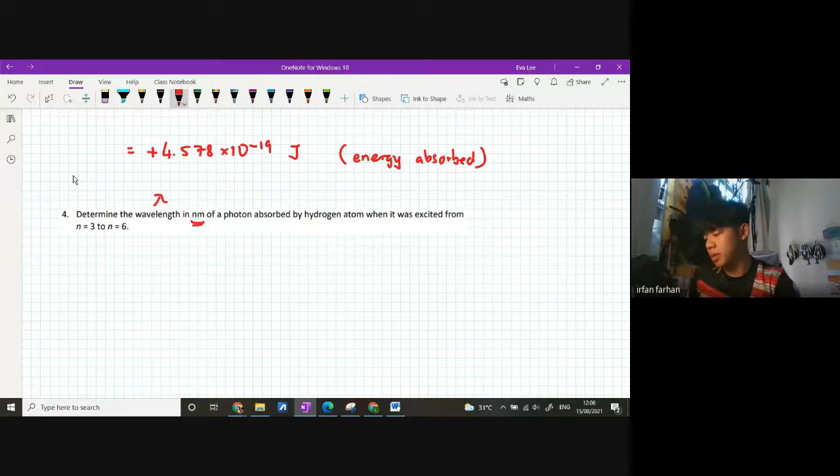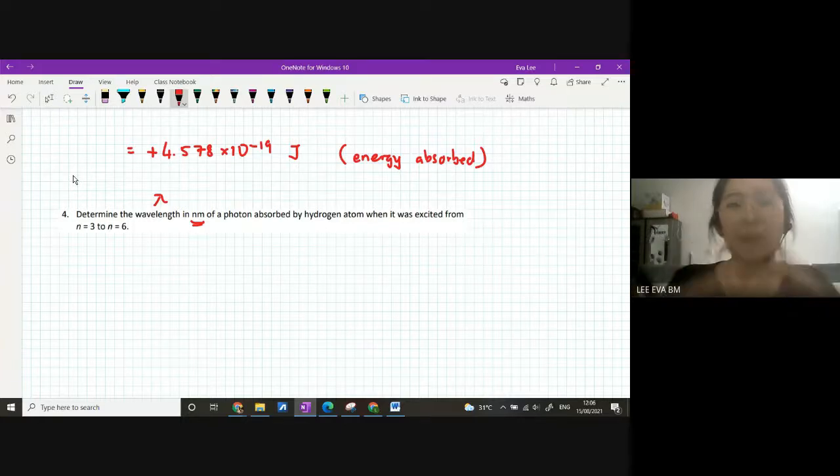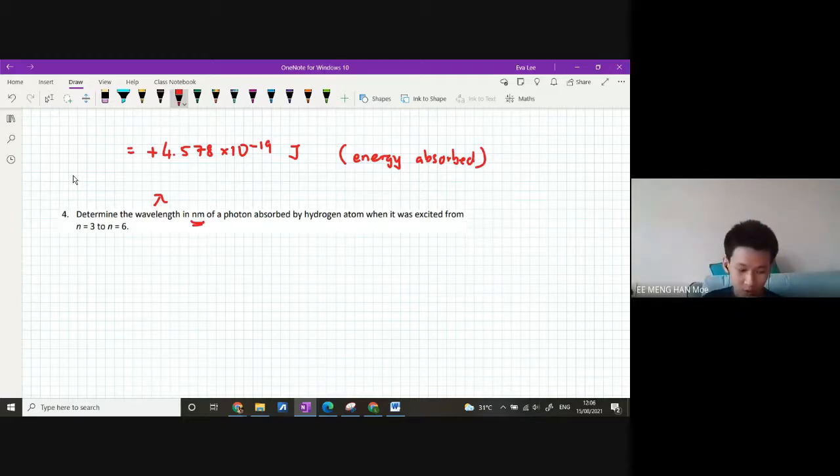Formula yang ada lambda tu. Yang mana satu formula dia boleh kita dapat cari lambda, pada masa yang sama dia ada 2 n value. 1 over lambda equals to Rydberg constant, 1 over n square initial minus 1 over n square final.